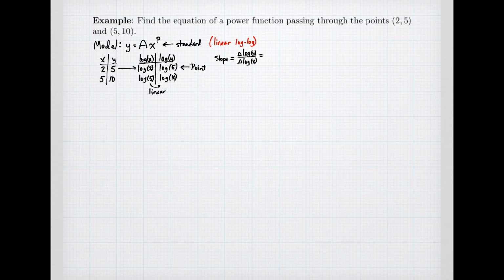And when I do my change in log x, I'm going to take the log of 5 and subtract the log of 2. So our change in y is log of 10 minus log of 5, and we're going to divide that by the log of 5 minus the log of 2.